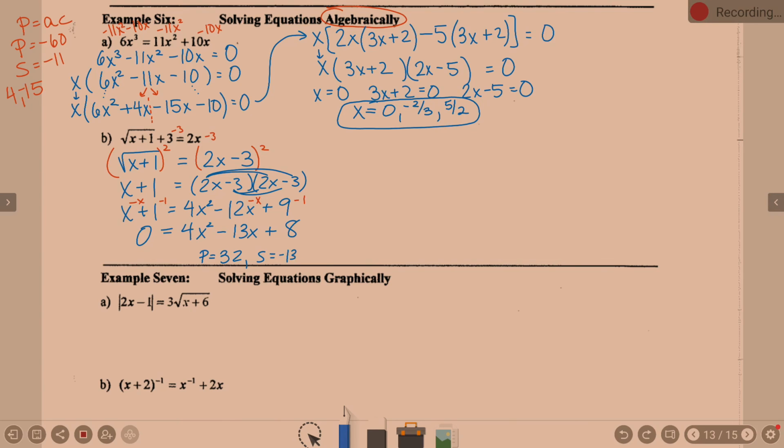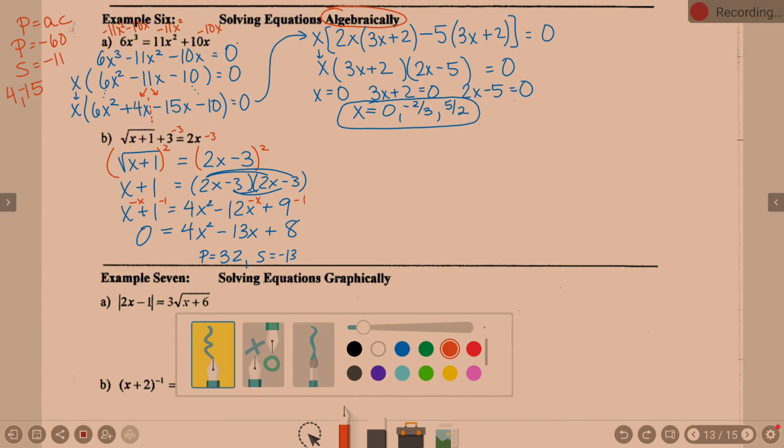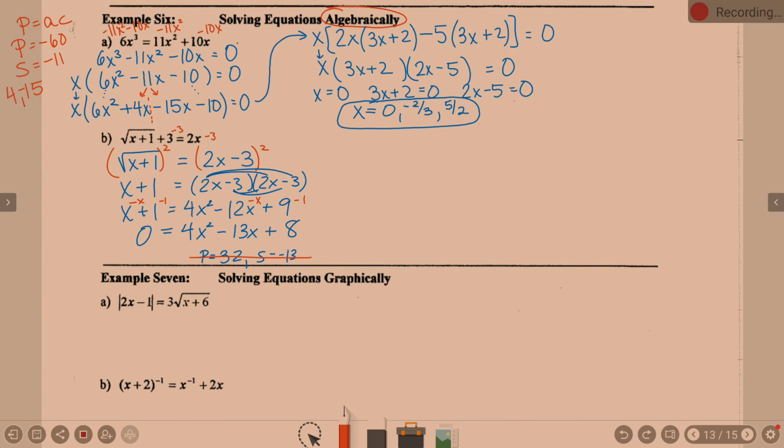No. 3 doesn't go into 32. 4 and 8. No. So, product of AC, this doesn't factor. We tried, and was it worth a try? I would say yes, because you never know.